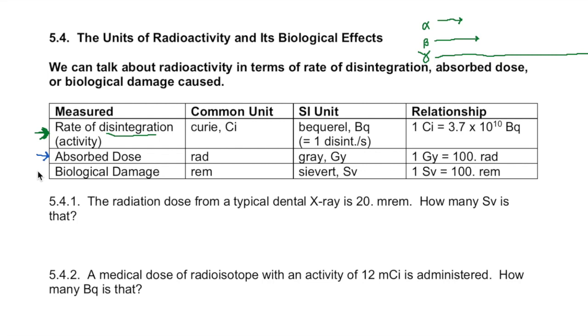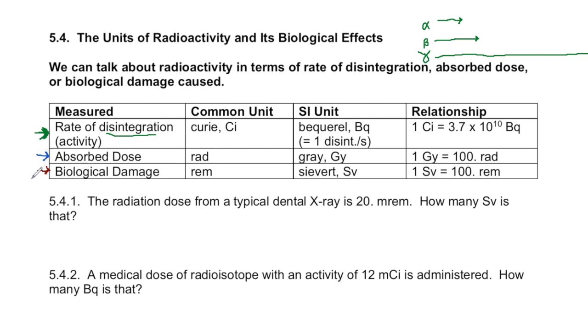Then the third unit is one of biological damage. If a tissue does absorb energy, these are related, so they're proportional to each other. The more energy is absorbed by a tissue, the more damage it's going to experience. However, the different types of radiation can do different types of damage to biological tissue.